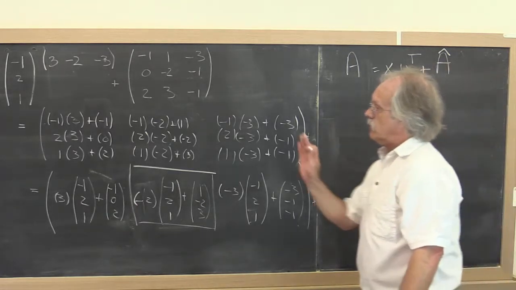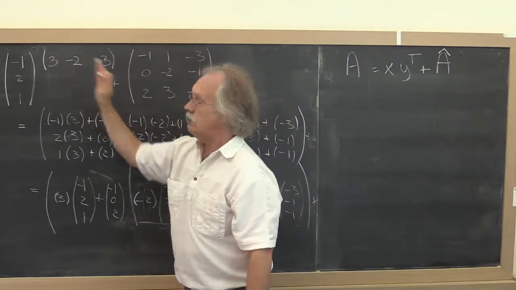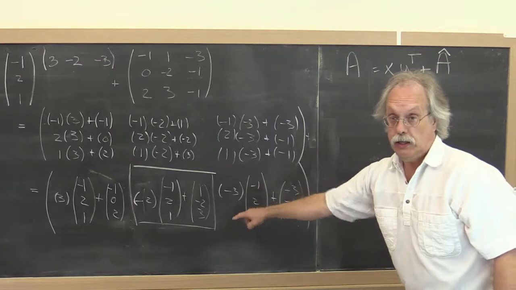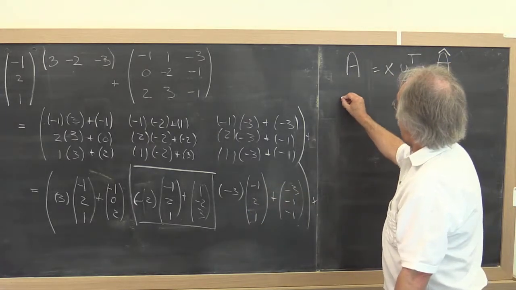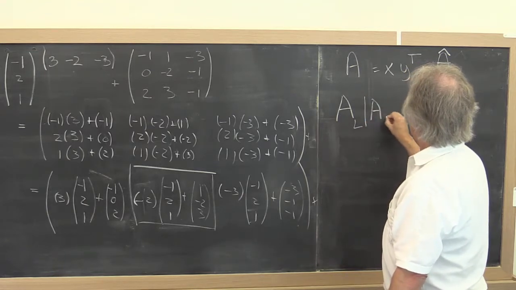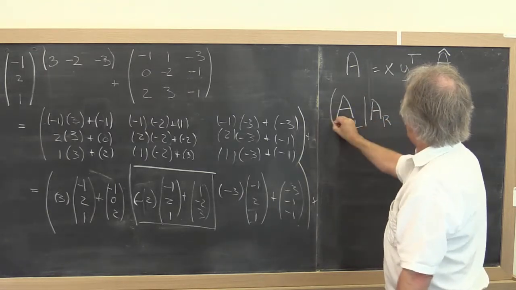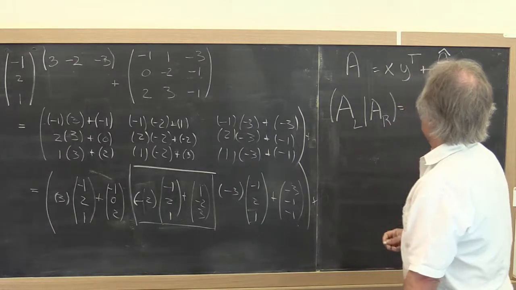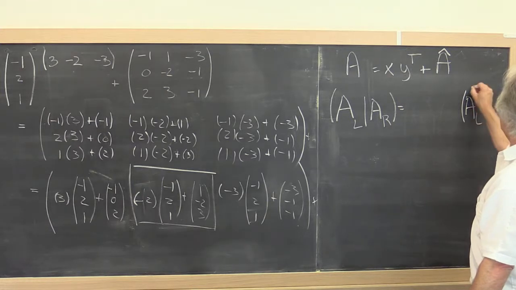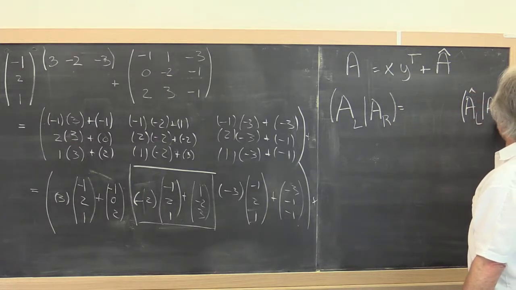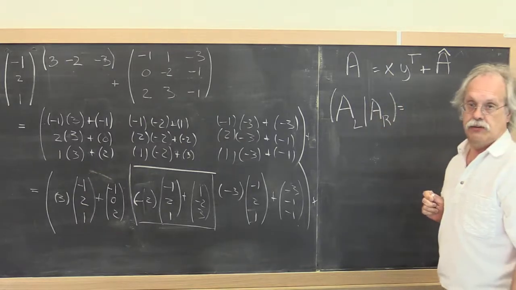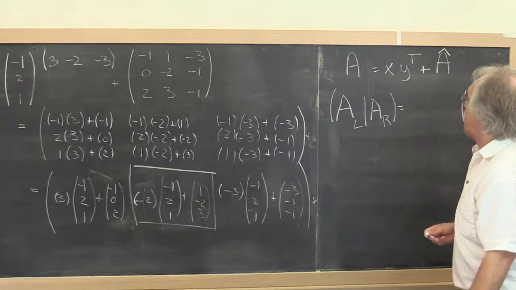Seems to me here that we were thinking in terms of partitioning by columns. So let's see what happens if we partition A into a left part and a right part. Well, that means that A hat is also partitioned into a left part and a right part, because really that refers to the same matrix, since it's being overwritten.